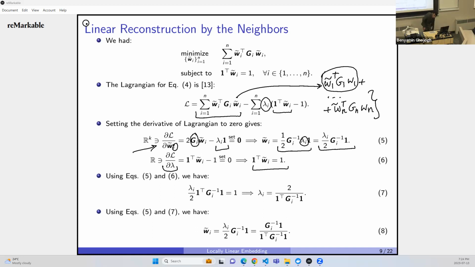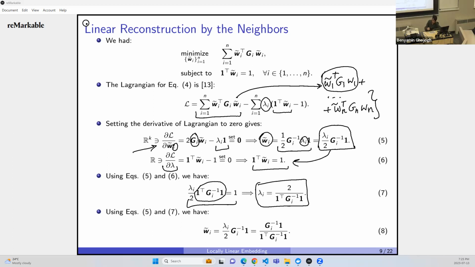Now using equations 5 and 6. We know that this is wi tilde, and we know that 1 transpose wi tilde should equal 1. So I put this equation 5 in equation 6, and I will get this. Rearrange the things and you will get this. By the way, we know that 1 transpose gi inverse 1 is a scalar, therefore I'm allowed to bring it to the denominator.